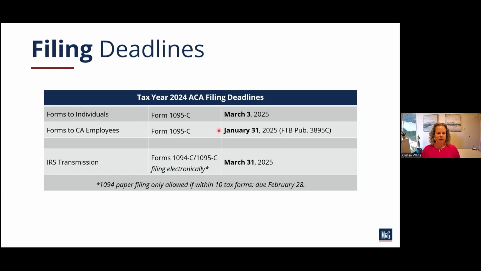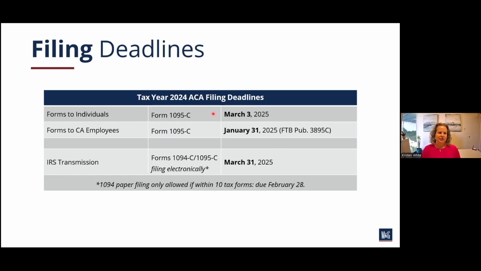We have the next row here for state filings. There's a handful of states that require filing, and that's really for the individual mandate. So they want those out to the employees by January 31st. California is one of those states, but you'll see on their website, they'll tell you there's really no penalty if you don't meet this deadline. So you can look at that March 3rd deadline.